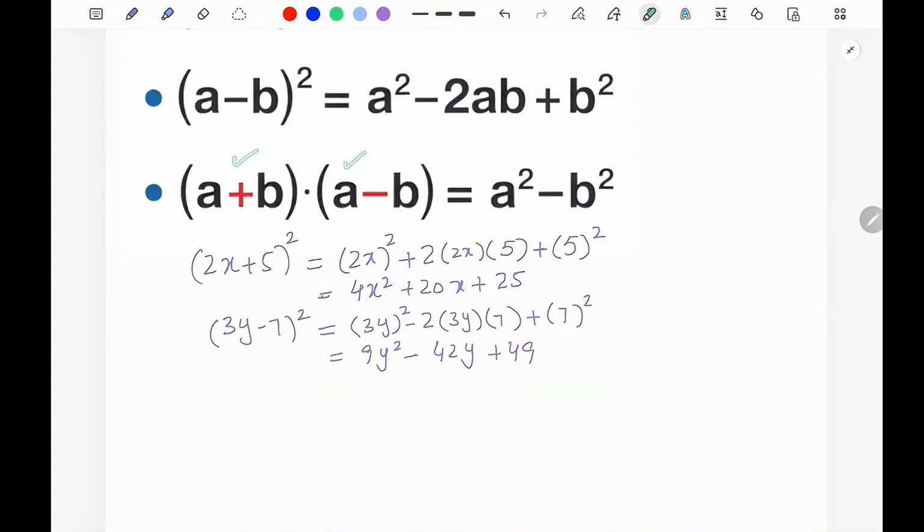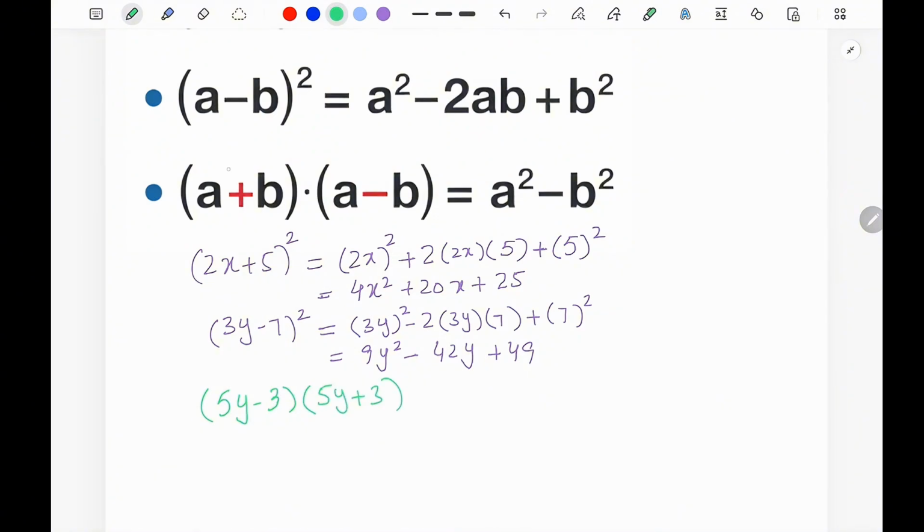And the third one is the difference. Suppose we have a difference of two terms, means (5y minus 3) and (5y plus 3).